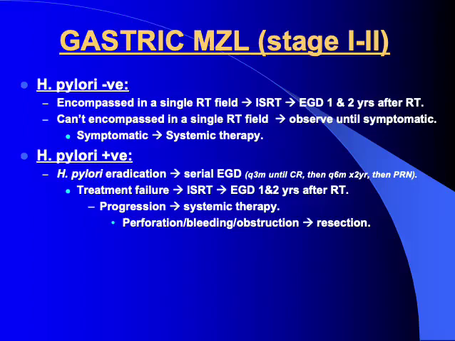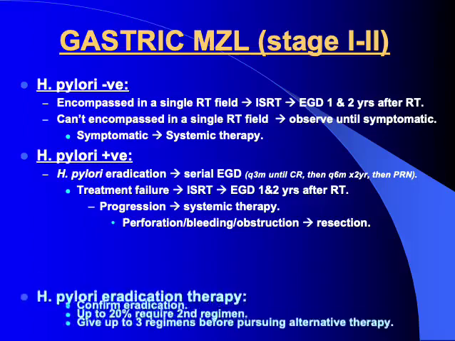If the treatment with antibiotics, the H. pylori regimen, fails, then we treat with involved site radiation therapy and do EGD every year for 2 years after radiation. For progressive disease, then we go to the systemic therapy, which could be immune therapy rituximab with or without chemotherapy. In case of perforation, bleeding, or obstruction, the treatment is surgical resection.